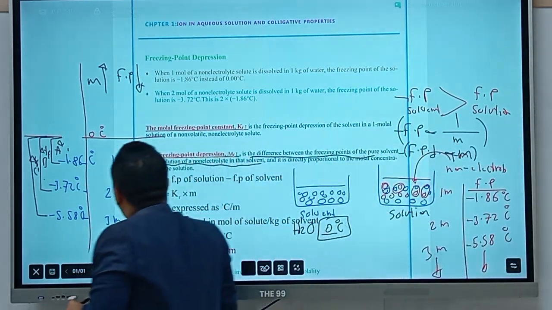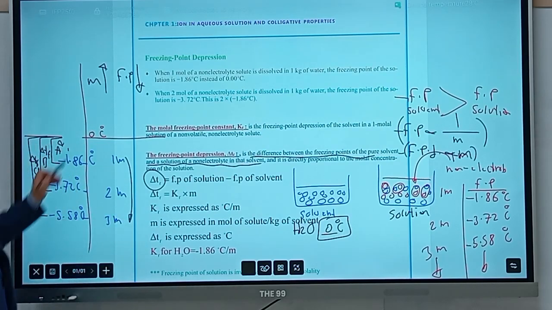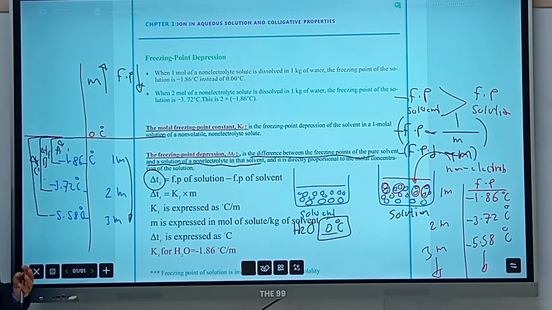And for the freezing point, guys, we have a constant value, which we call the molar freezing point constant. What's a molar freezing point constant?